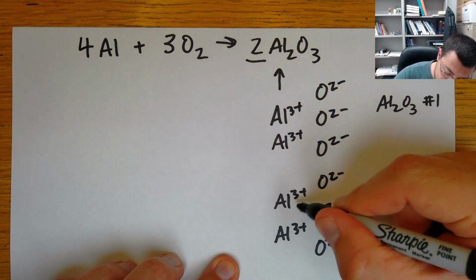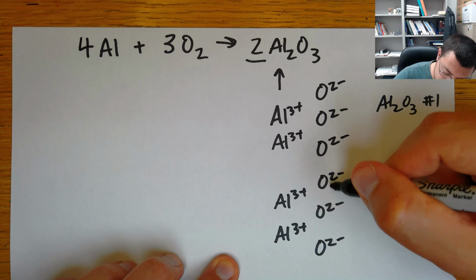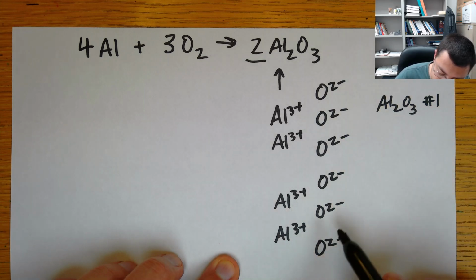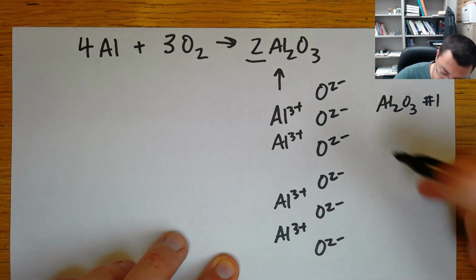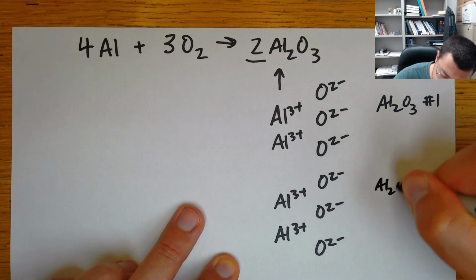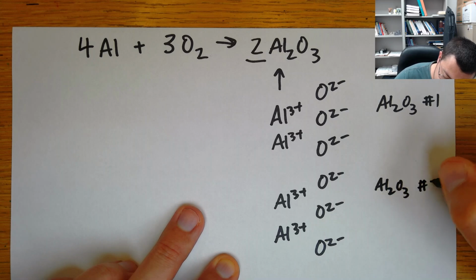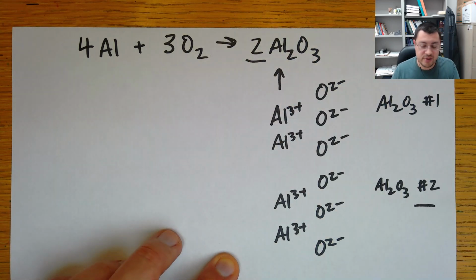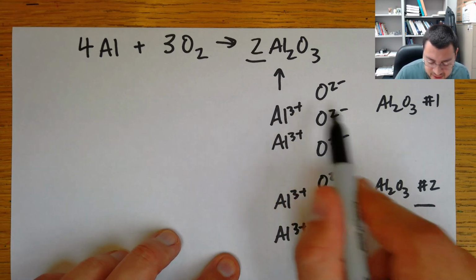Anyways, 2 Als, 3 O2 minuses, all right? Al3 pluses, O2 minuses. So that is our second aluminum oxide, Al2O3 number 2. 2 of them, so we have 2 of them. All right, but how did it end up being these charges?